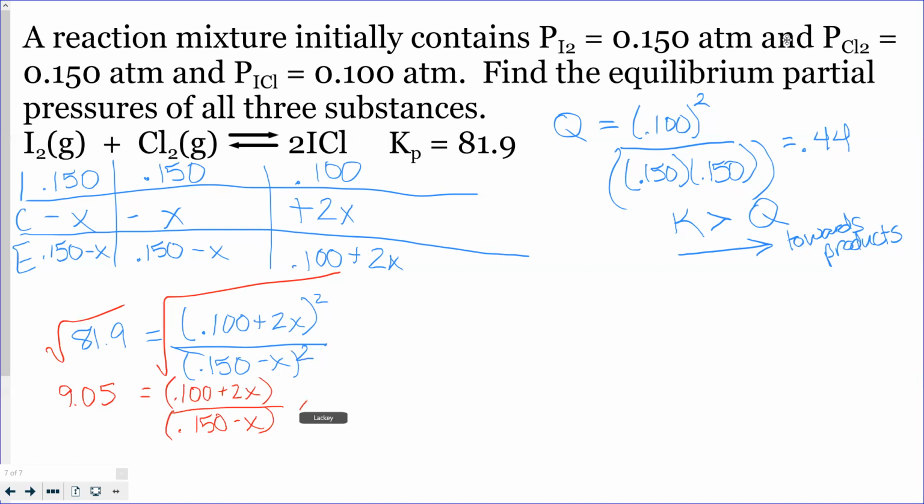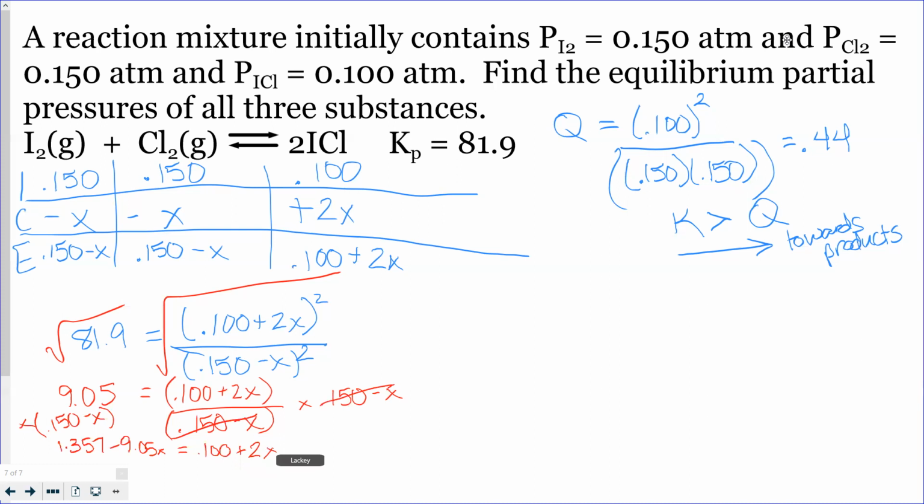So we have to multiply by 0.150 minus X. Then we have 1.357 minus 9.05X is equal to 0.100 plus 2X.